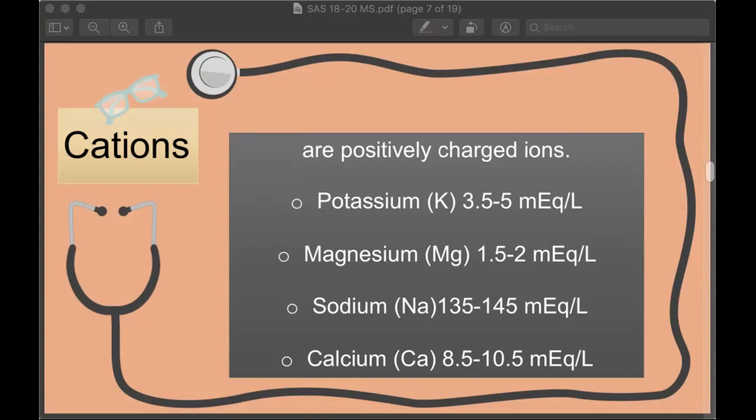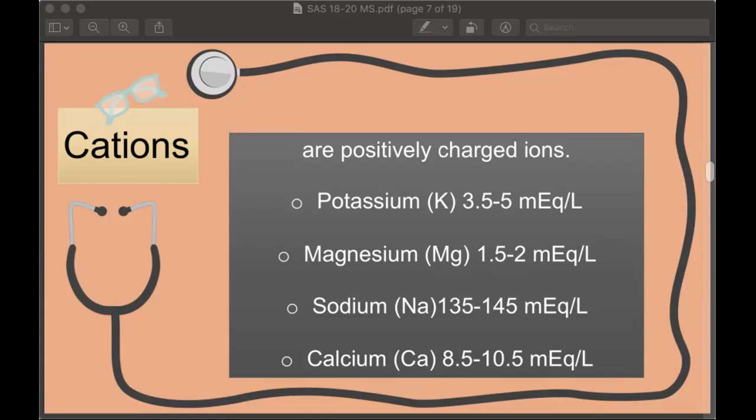And we all know that sodium is always associated with chloride, right? So sodium and chloride influence water distribution in our body. And the last one is calcium, 8.5 to 10.5. Whenever you hear this one, it's always associated with our teeth and our bones, right?